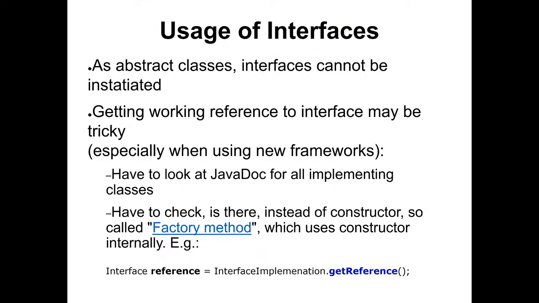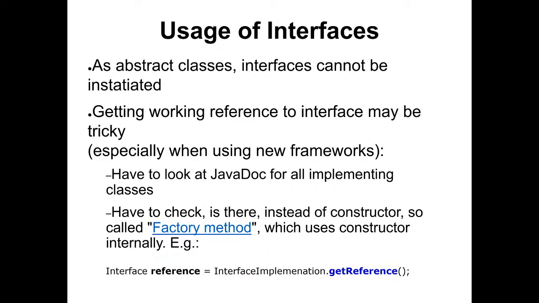As with abstract classes, interfaces cannot be instantiated. Again, which makes sense. We cannot instantiate the object without the implemented methods, without the implemented data type, right? It doesn't make sense, and I hope you understand why.